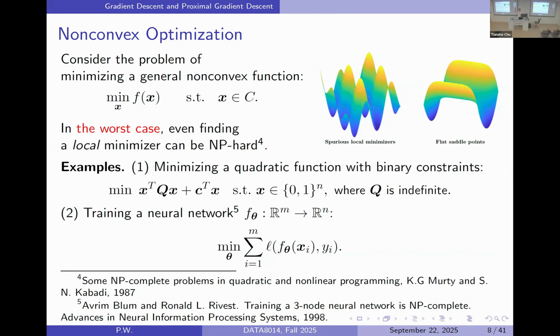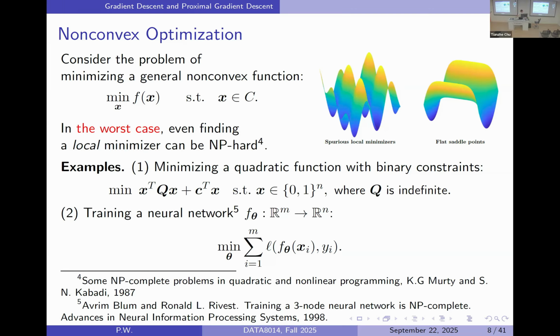If you take the second-order derivative to check a smooth convex function, the Hessian Q is indefinite, so this function may not be convex. And also the constraint is not convex: the binary constraint is not a convex set. So this problem is a very typical non-convex optimization problem.